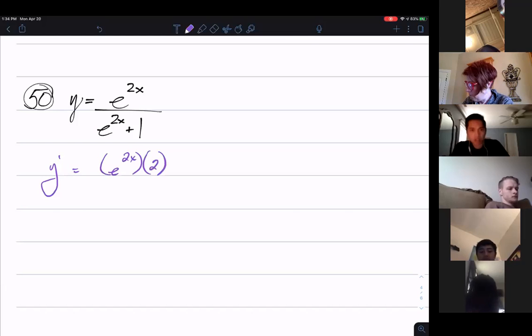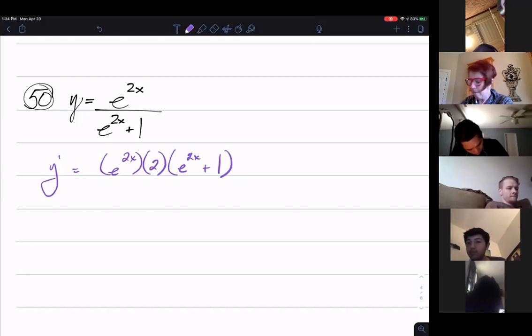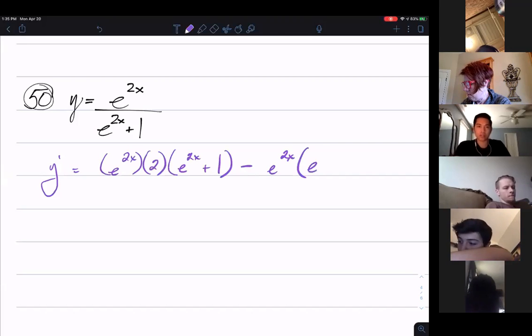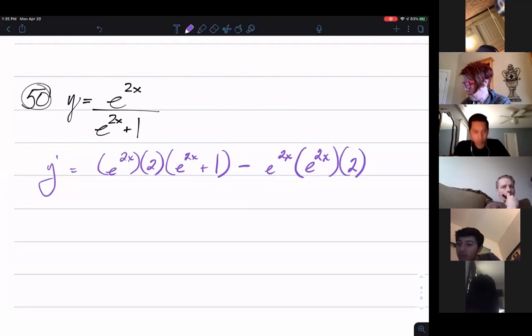So that's e^(2x) plus 1. Minus the top times the derivative of the bottom. So what's the derivative of the bottom? Is it e^(2x) times 2? Yeah. And then it's the bottom squared.